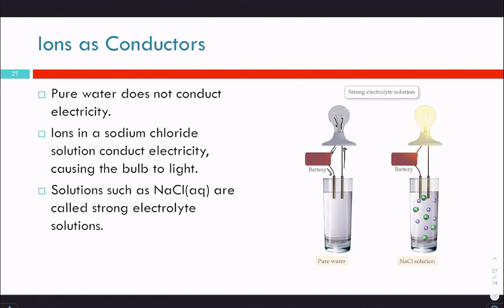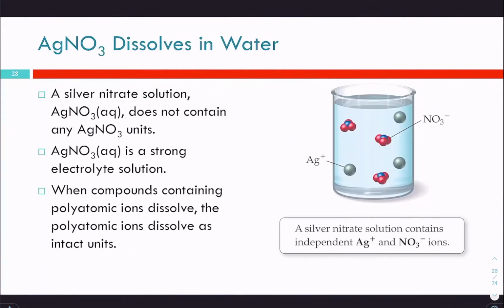So strong electrolyte solutions conduct electricity, as well as dissociate completely into ions. Silver nitrate solution is also an ionic compound. It does not contain any AgNO3 units. There aren't any silvers and nitrates actually stuck together in the solution.